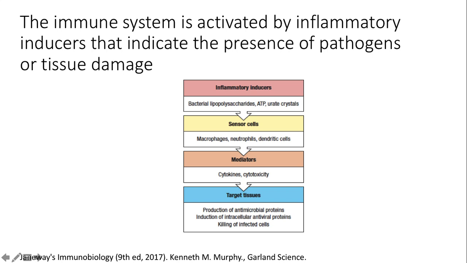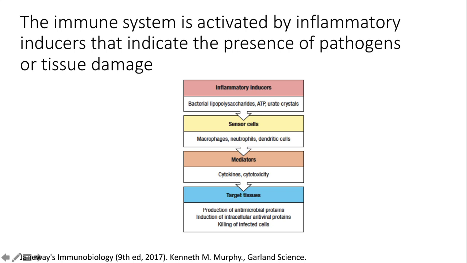So cell-mediated immunity proceeds in a series of steps. We have the inflammatory inducers, which are chemical structures that indicate the presence of invading microbes, and we refer to them in immunology as PAMPs, pathogen-associated molecular patterns, or the cellular damage that is produced by those microbes, and we refer to them as DAMPs, damage-associated molecular patterns. On the other hand, the sensor cells detect these inducers by expressing various innate recognition receptors. We call them pattern recognition receptors.